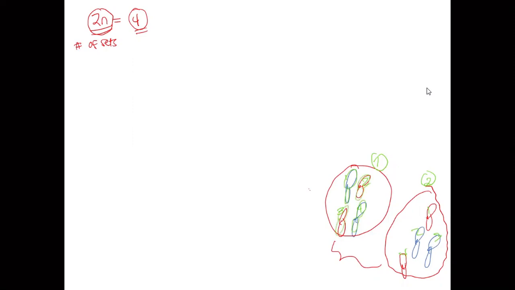Similar to this, you have a maternal set and then paternal set. And then each set, do you still have 2 chromosomes per set? Yes. For the maternal set, the red, you still have 2 chromosomes, 1, 2. Paternal set, 2 chromosomes, 1, 2. Same with the daughter cell number 2.